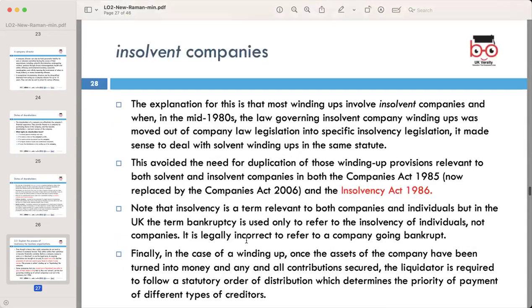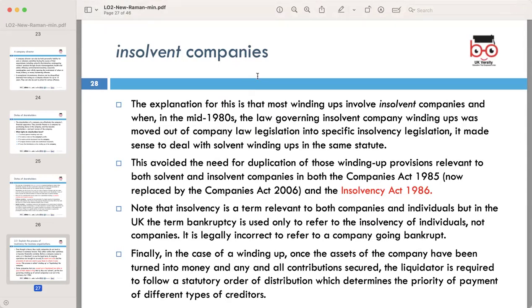The inclusion of solvent winding up within the Insolvency Act 1986, alongside insolvent winding up, was a strategic move. It streamlined the legal framework.